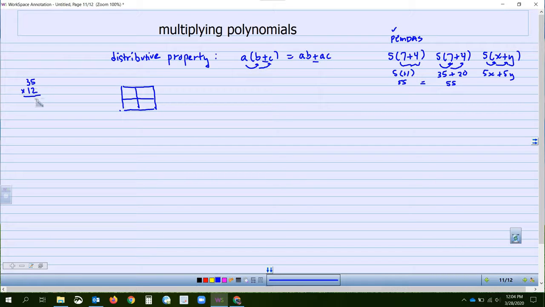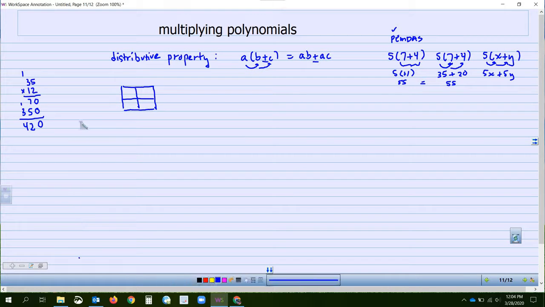So here we go. We go 2 times 5 is 10, carry the 1. 2 times 3 is 6, plus 1 is 7. Then I'd put a 0 down and go 1 times 5 is 5, and 1 times 3 is 3. And I would get 0, and then I'd go 7 plus 5 is 12, carry the 1, and I get the answer of 420. And that algorithm has been used for years and years, and there's nothing wrong with it.